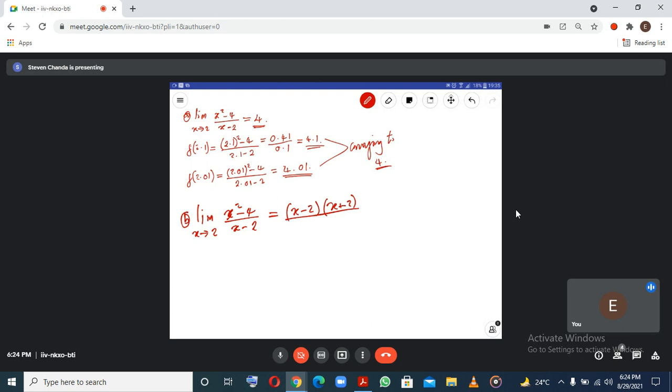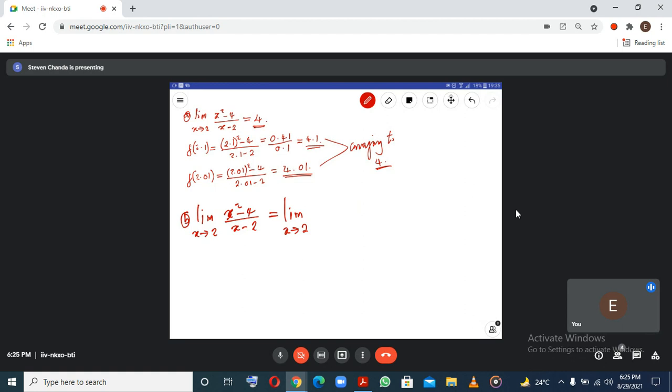That's a difference of two squares. Okay. So let me write limit here so that we don't forget that we are finding the limit.